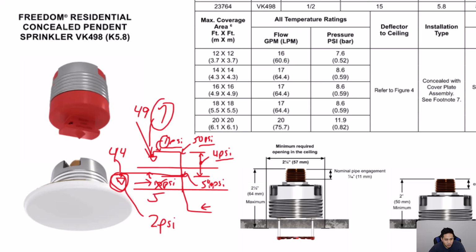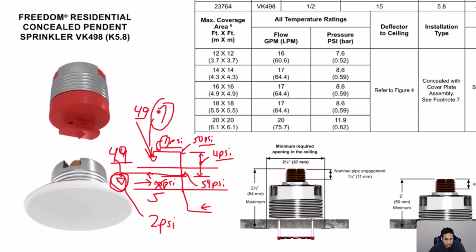So the drop would be 54 minus 5, and this will be 49 in that case, right? So the difference in pressure between these two sprinkler heads is exactly the same, right? It's 49, 49. So if it was 40 psi, then this would also be 40. So whatever psi this sprinkler head is at, it'll basically match this sprinkler head.